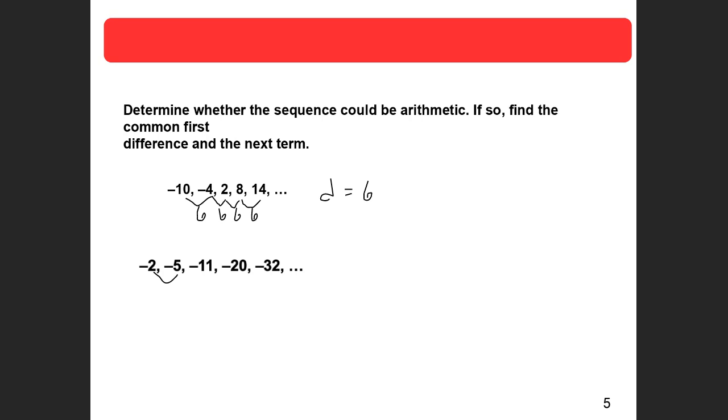Here I go from negative 2 to negative 5, negative 5 to negative 11, negative 11 to negative 20. That does not seem like it's going by the same thing. So negative 2 to negative 5, that's negative 3. Negative 5 to negative 11, that looks like negative 6. Negative 11 to negative 20, that looks like negative 9. This definitely is not an arithmetic sequence, and we won't be dealing with those tonight or this week.